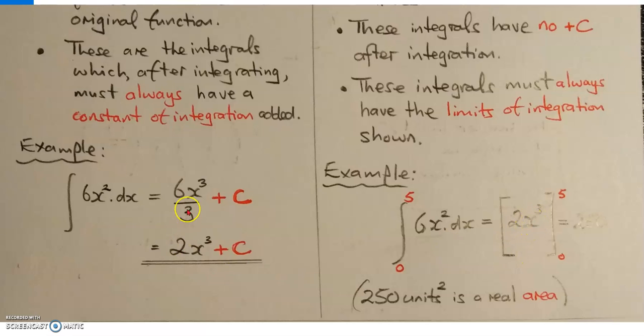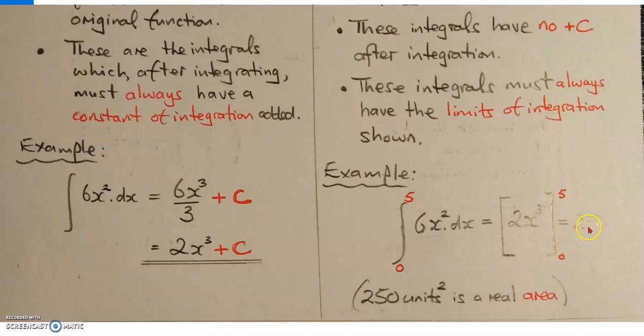It's the same function that I'm integrating, 6x squared, and you get 2x cubed. Usually you put it in square brackets like that, and you write the limits of integration there and there.